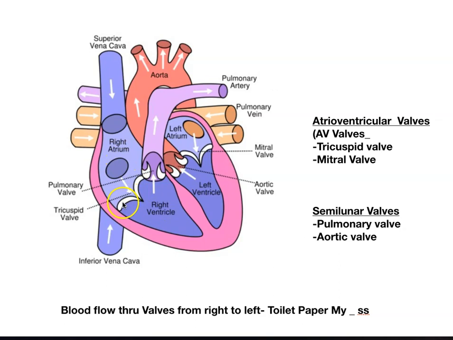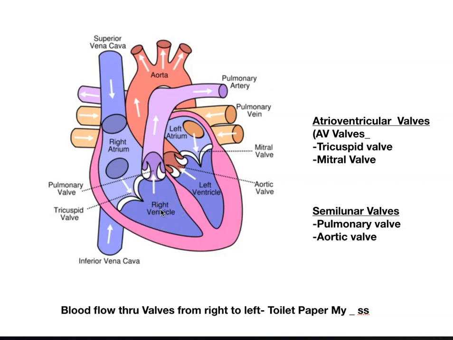Atrioventricular is the valve separating the atrium from the ventricle. We have one on the right side and we have one on the left side. They have different names, but they are both AV valves. So the blood comes into the right atrium, it goes through the tricuspid valve, it goes into the right ventricle.